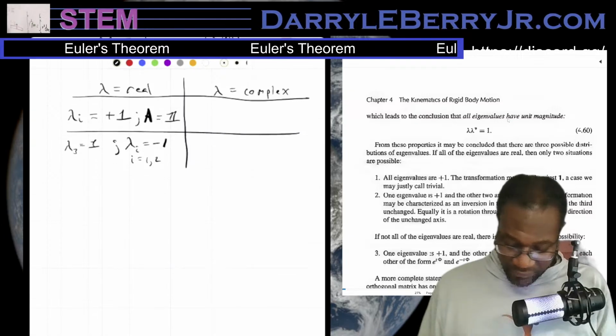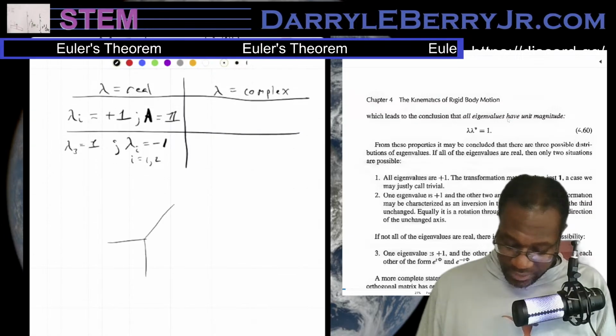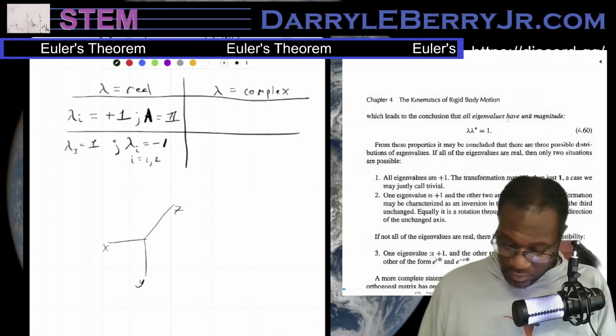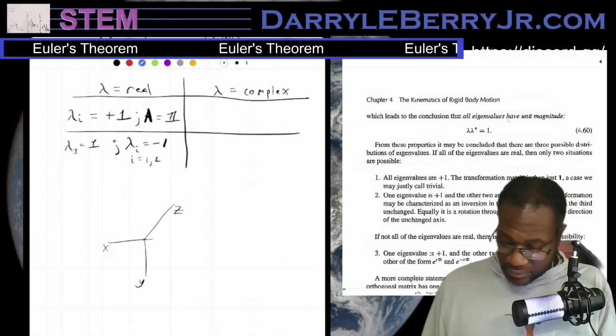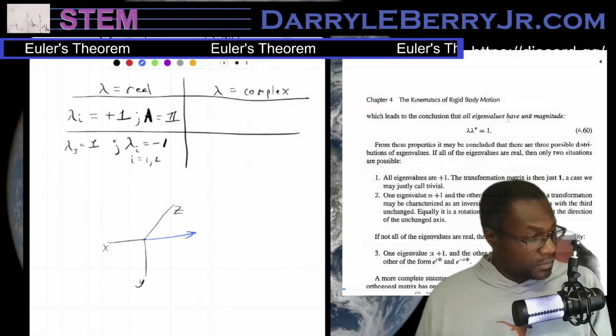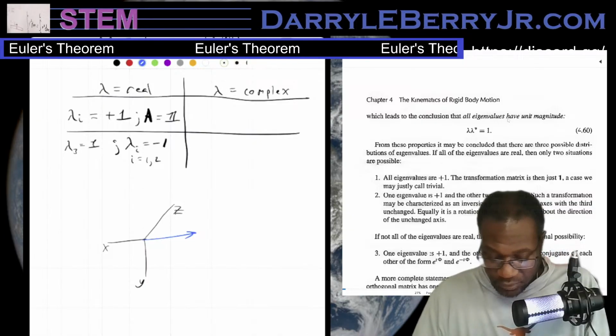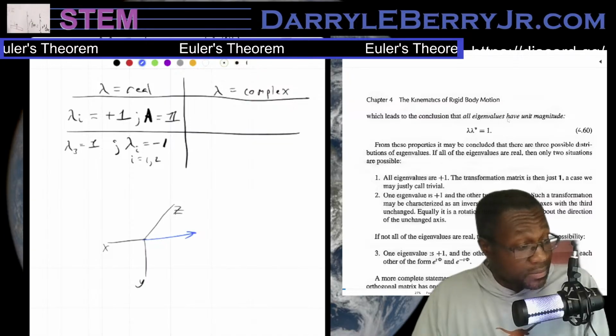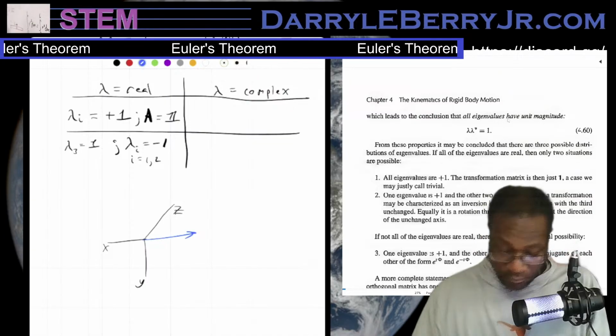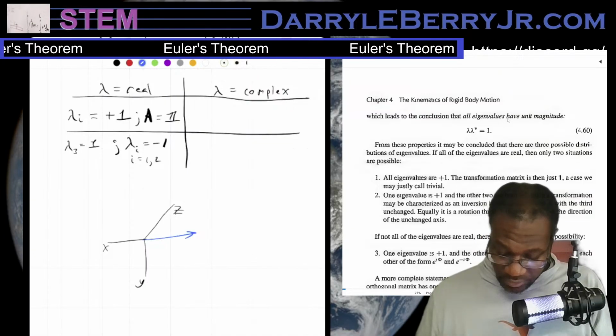So it's talking about if we have a coordinate system like so, with x, y, z, and this is my vector, and if one axis remains unchanged but I transform the other two axes, then what happens?